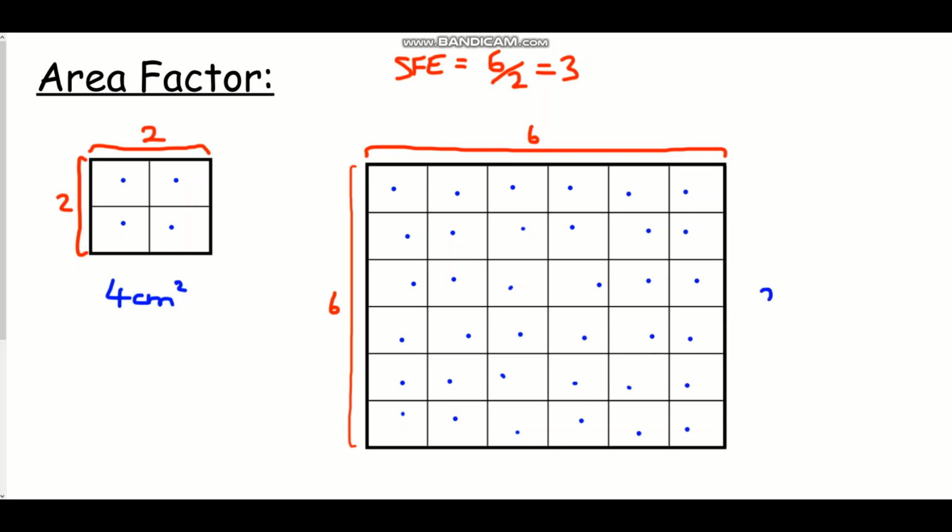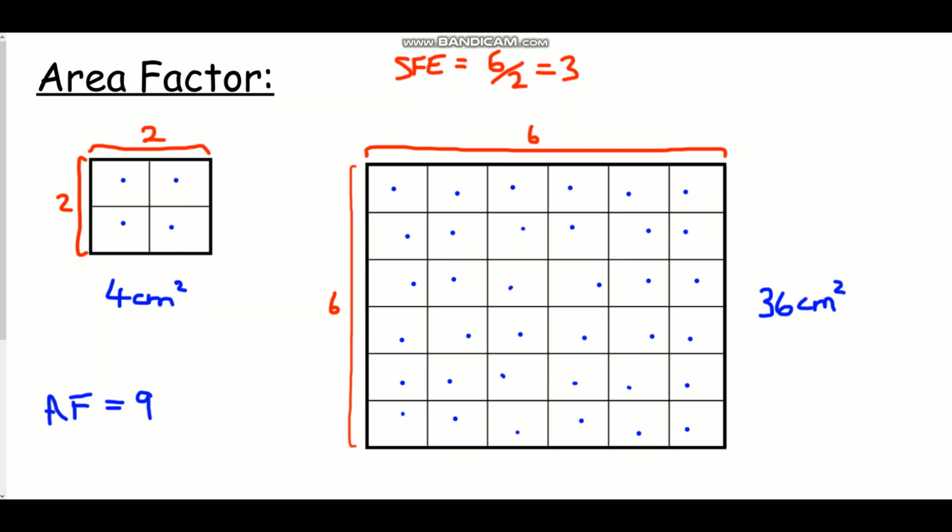So I've got 36 centimeters squared on the larger box. Now you can see that the scale factor is times by 3, but the area factor is actually times by 9. So the area factor is 9.